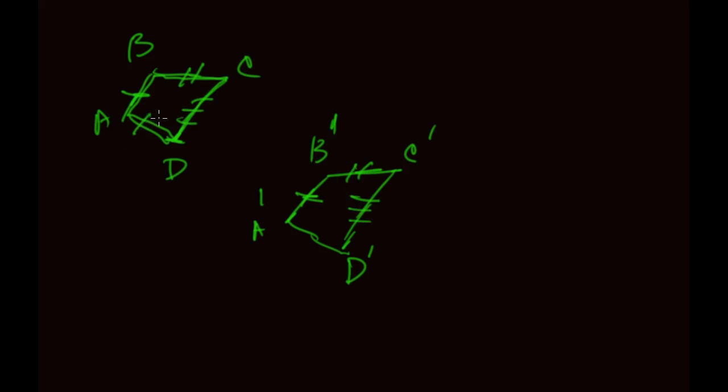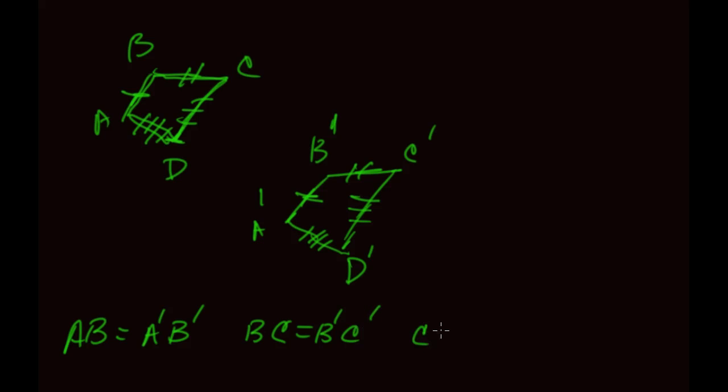So the object has moved, but the length of the line segments has not changed. So AB is the same length as A prime B prime. BC is the same length as B prime C prime. CD is the same length as C prime D prime. DA is the same length as D prime A prime.